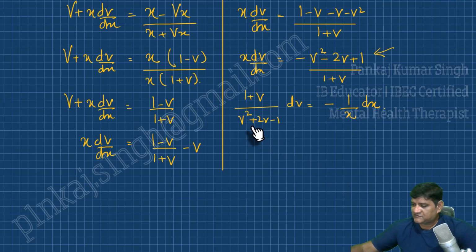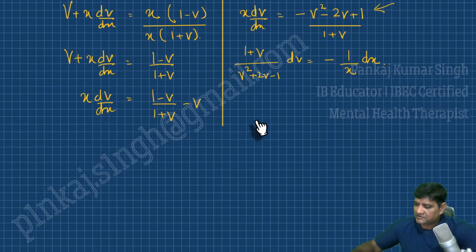And I can notice that when I differentiate the denominator here, which is v square plus 2v minus 1, I will get 2 times of v plus 1. So there is a 2 missing over here. For that, I'm going to be introducing a 2 and dividing it by a 2, or I could multiply both the sides by a 2. So 2 plus 2v divided by v square plus 2v minus 1 dv as equal to minus 2 over x dx.